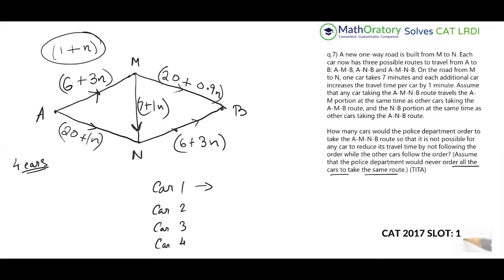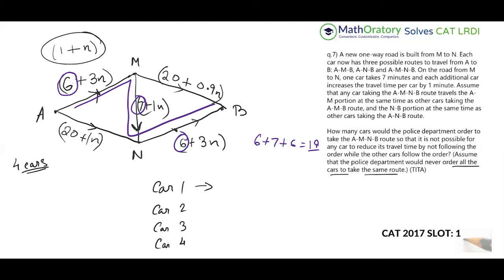So for the first car, I'll obviously put it on AMNB because if you check, I was just calculating this part mentally. So this is 6, this is 7, and this is 6. So if somebody takes this AMNB route, that car would take 6 plus 7 plus 6, and that is much less than 26 minutes, right?